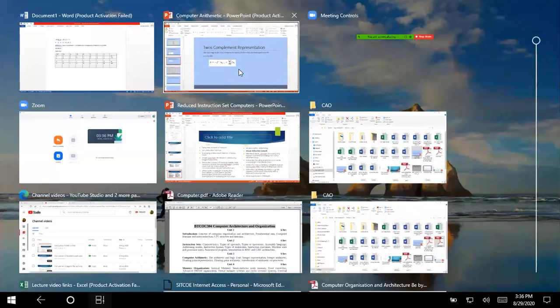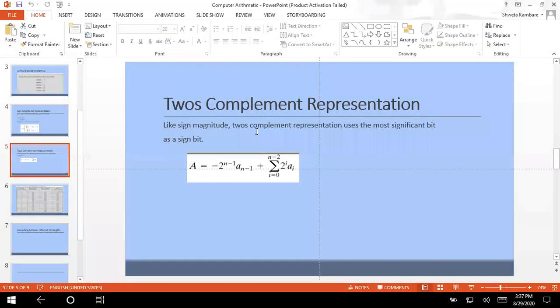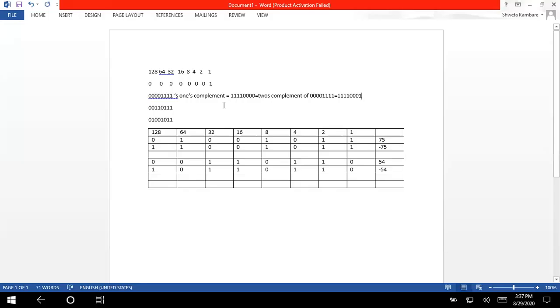Now what I have just told you, like sign magnitude, 2's complement representation uses the most significant bit as a sign bit. So if this bit is 1, that means the number is negative. If this most significant bit is 1, the number is negative. If this bit is 0, the number will be positive. Again, same scenario as in sign magnitude representation.